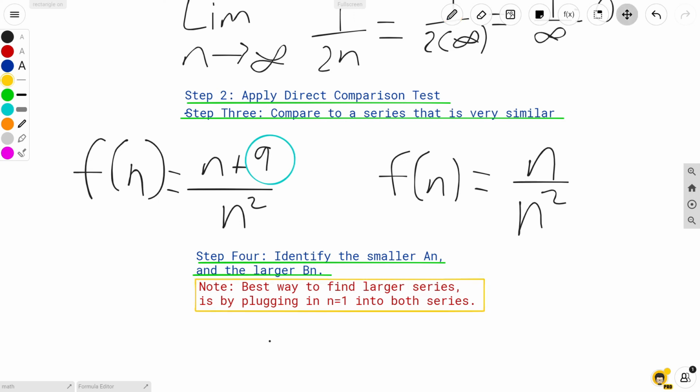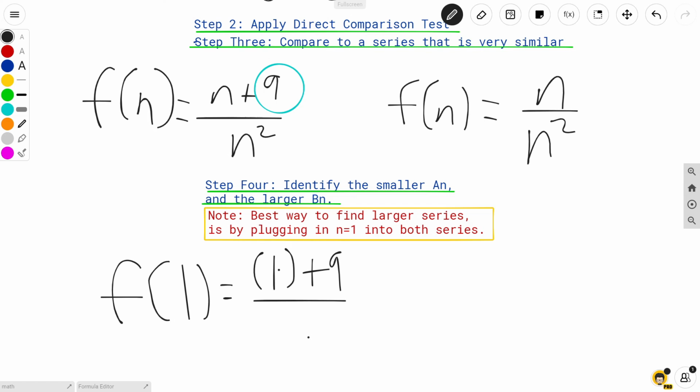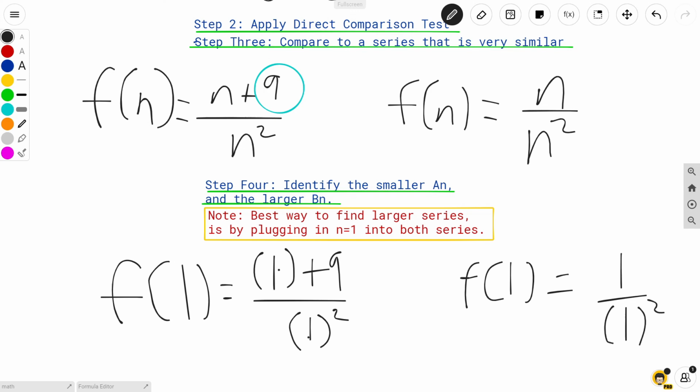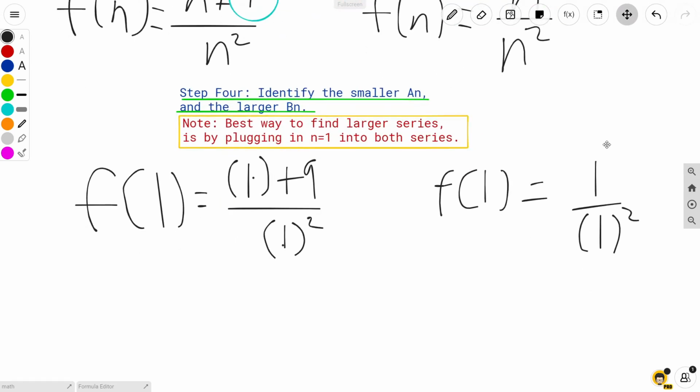And that's what we're going to do, we're going to plug in 1 for both of these. So f of 1 is equal to 1 plus 9 divided by 1 squared, and f of 1 for the other series is equal to 1 divided by 1 squared. Whenever we plug both of these in, 9 plus 1 is 10 divided by 1.